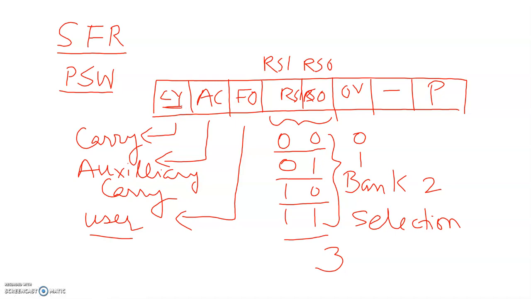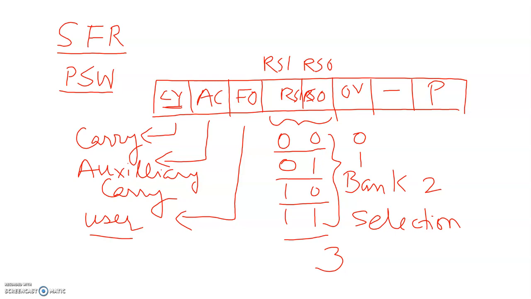The carry flag is set whenever there is a carry out from the D7 bit. The accumulator has 8 bits from D0 to D7. If there is a carry on the D7 bit because of some operation, normally addition or subtraction or multiplication, then this bit is set.